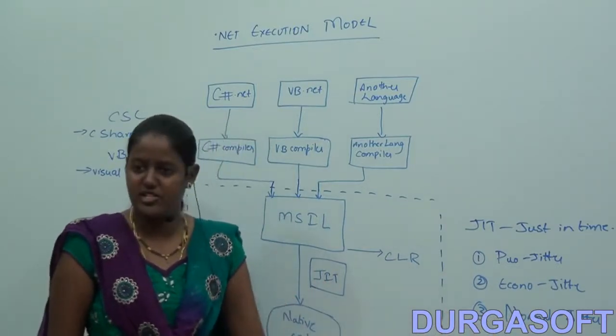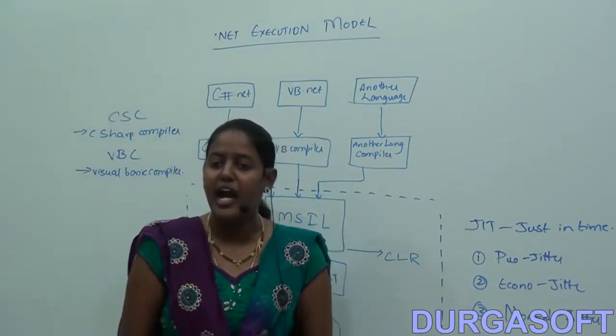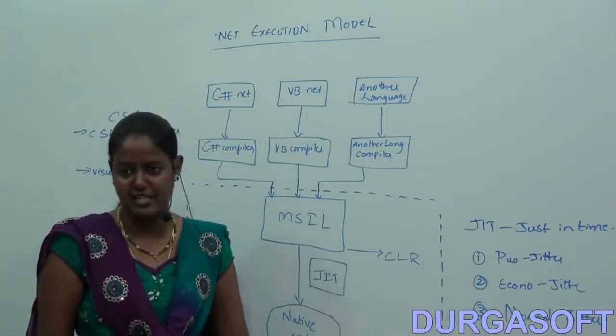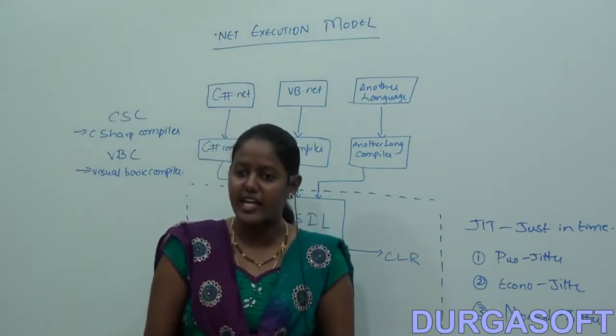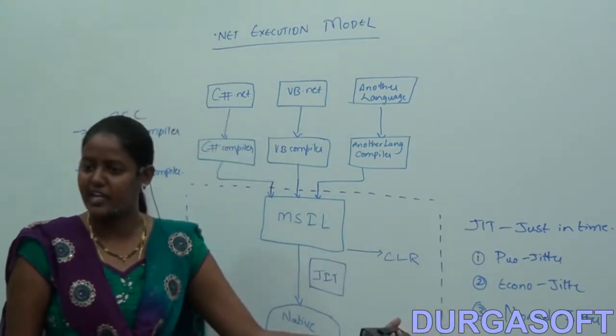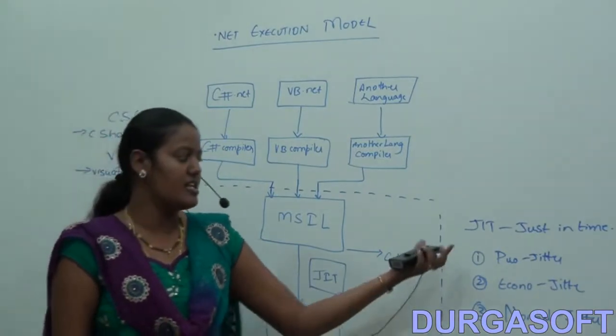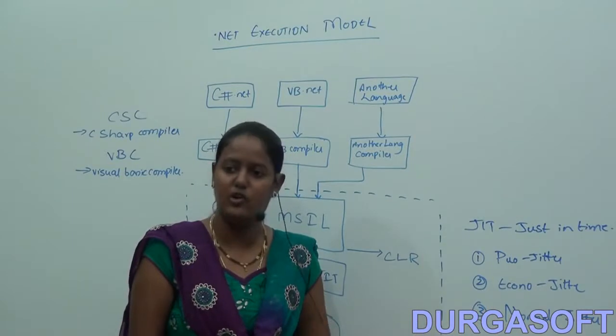And the normal jitter compiles the methods which are called at runtime and stores them in the cache. When next time those methods are called again, they will be taken from the cache. So these are the three types of jitters: pro jitter, econo jitter and normal jitter.